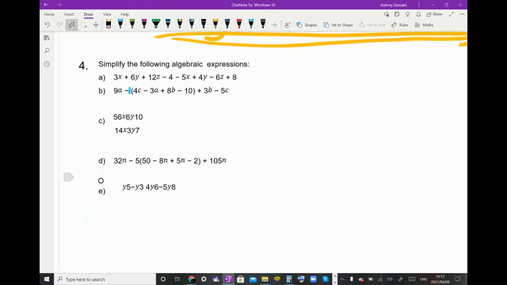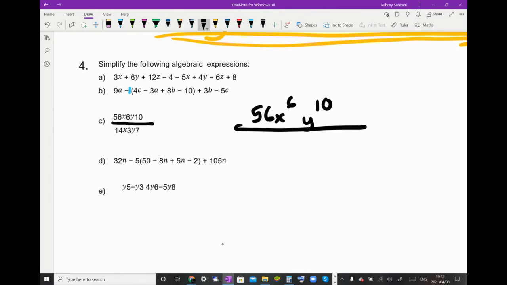Right, then this should be divided by. Just don't have that dividing line over there. So it should actually be 56x to the power 6, y to the power 10, divided by 14x to the power 3, y to the power 7.